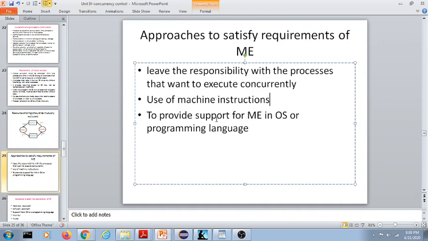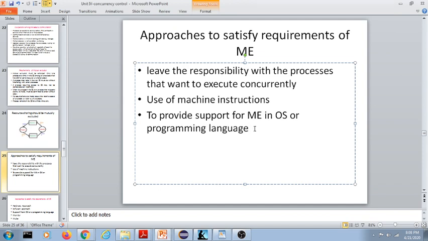And the third approach is to provide the support in the operating system itself. That means there are some operating system APIs, application programmer interfaces, or some system calls, which will support this concept of mutual exclusion. Or there can be some facility in the programming language itself, whatever programming language you are using to write your application programs.